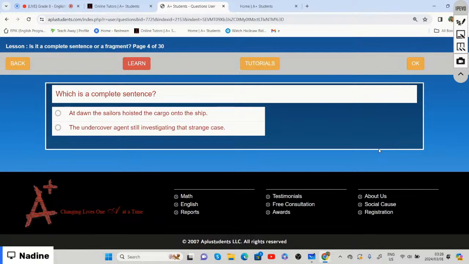Which is a complete sentence? It says at dawn, the sailors hoisted the cargo onto the ship, or the undercover agent still investigating that strange case.